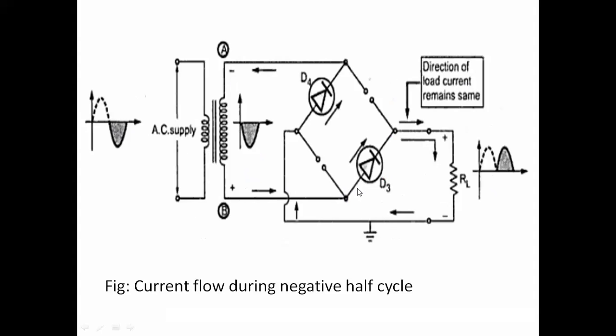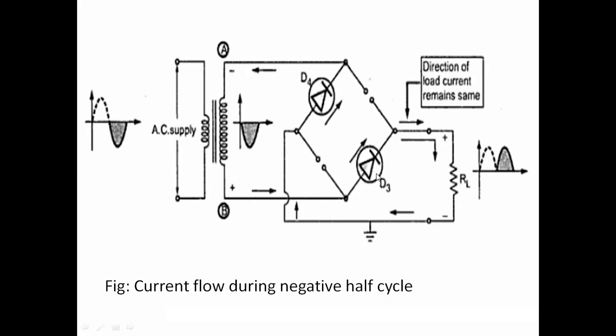If you go the positive way, diode D3 conducts, and the current flows through RL and reaches this point. The remaining two diodes will be off because they become reverse biased. In reverse bias, a diode acts as an open circuit. That's why there is no connection in these two paths. The current flows this way and reaches D1.